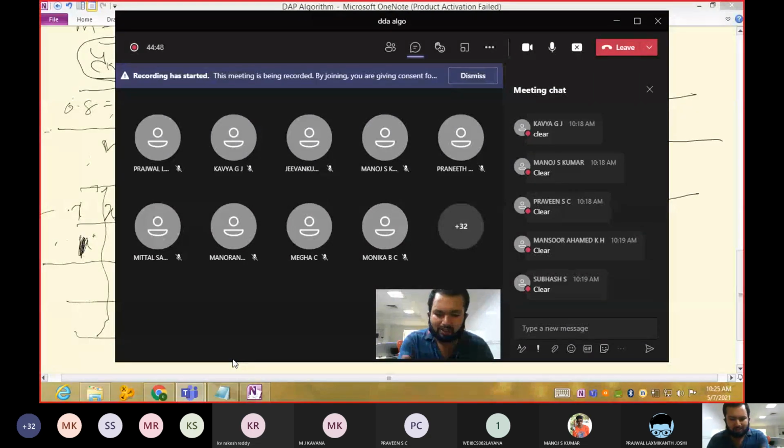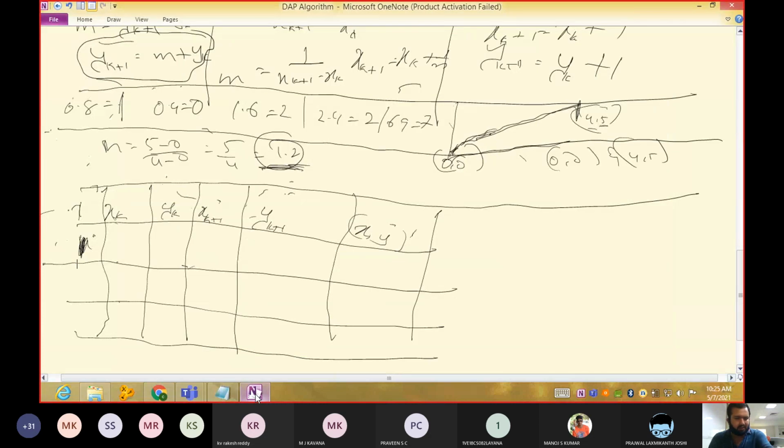It is 0, 0, 1, 0, 1, 1, 1, 2, 4, 5. What was initially given to you? x1 y1, what is x1 y1 for you? 0, 0. Others, girls? Kavya, Monica, what pixel values were given to you initially? Girls, look here. What are the pixel values they have given?